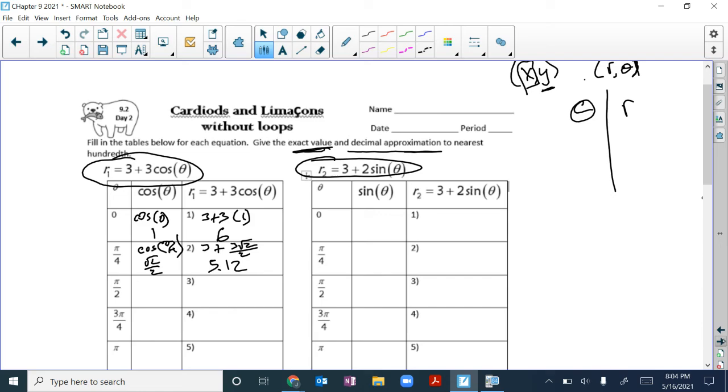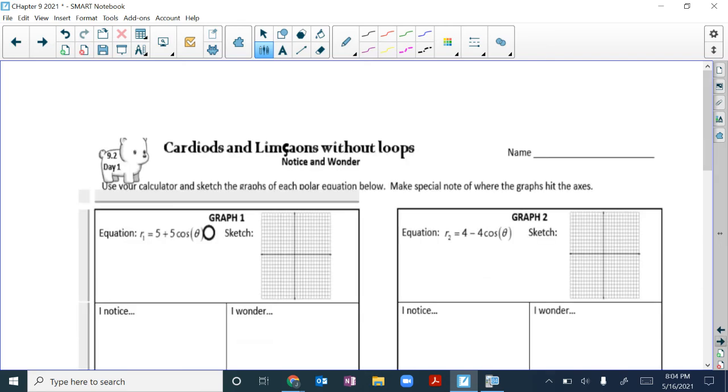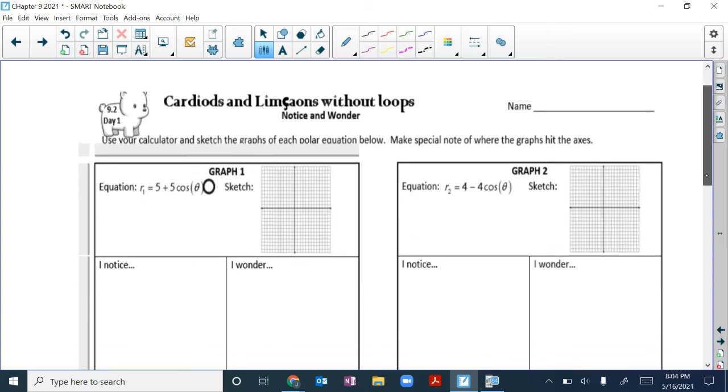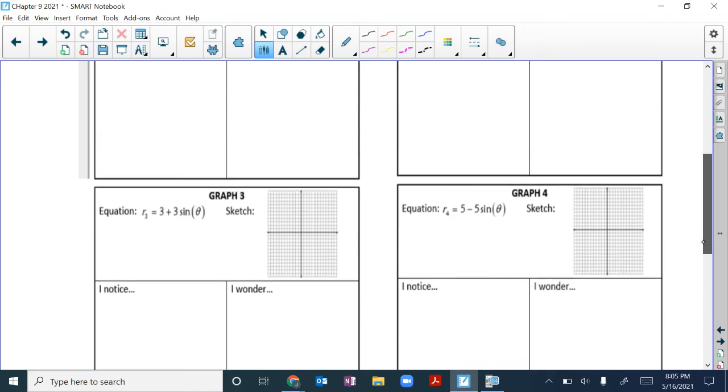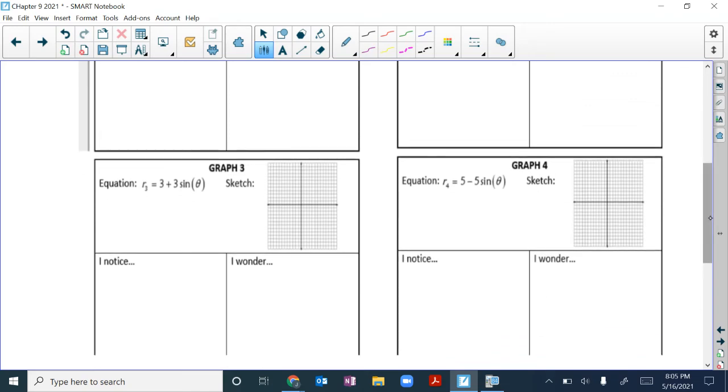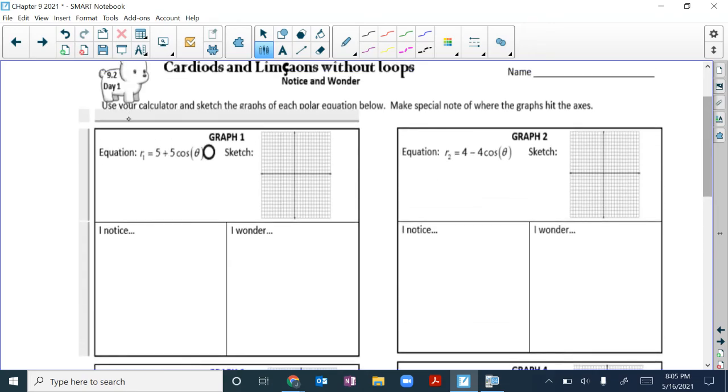All right. So speaking of what I want you to do next, and you could do this, hopefully if you have your calculator, or like I said, use the one on your Chromebook. What you're going to do is actually graph all of these graphs, okay? So there's 4 on the first page, and I'll tell you the first 4 are all cardioids.